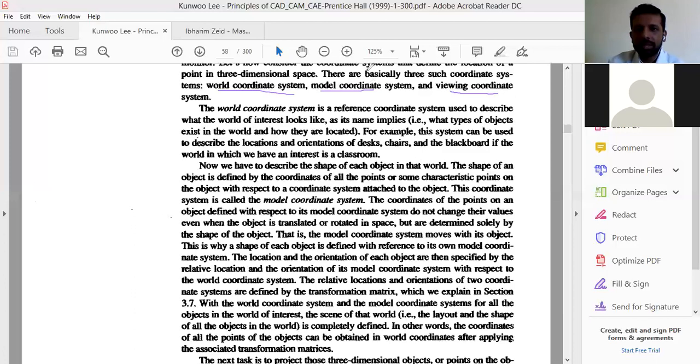So those three planes that we are able to basically see in the solid modeling packages are nothing but the model coordinate systems.